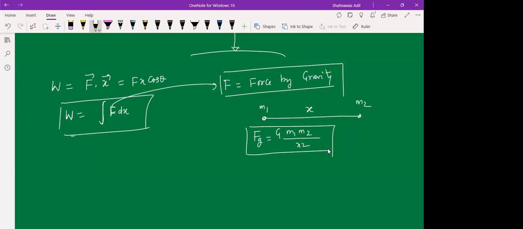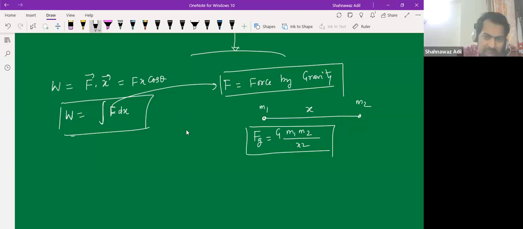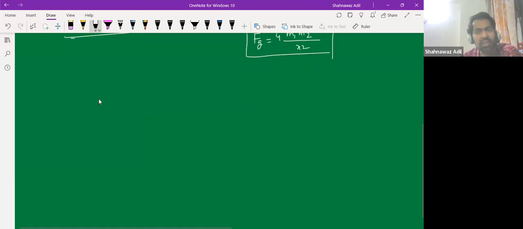Similarly, how is the potential energy given?